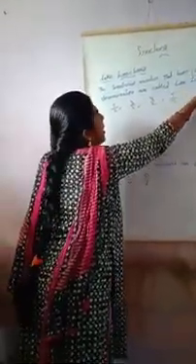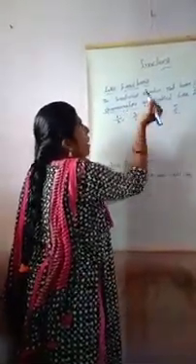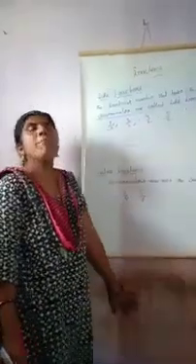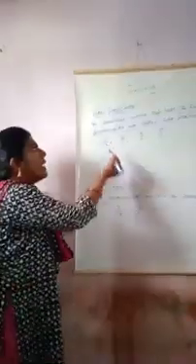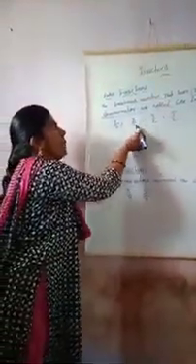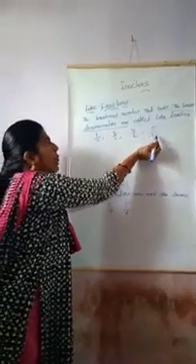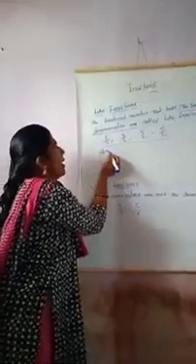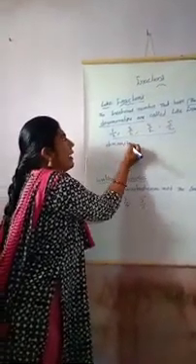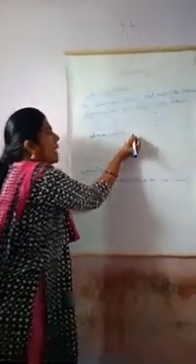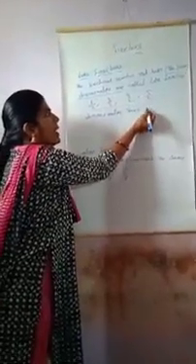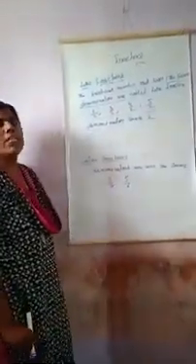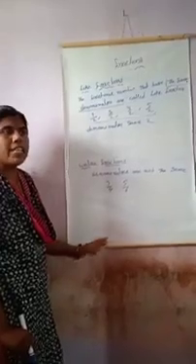For example, 1 by 2, 3 by 2, 4 by 2, 5 by 2. The denominator has the same number, 2. Is it clear? Like fractions.